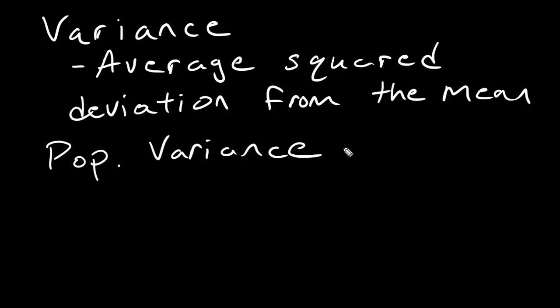So the population variance, so this is the parameter value, right? The population variance is, actually, you know what? We're gonna just do that so I don't run out of space. All right, so this is, oh, I'll write this up here again.